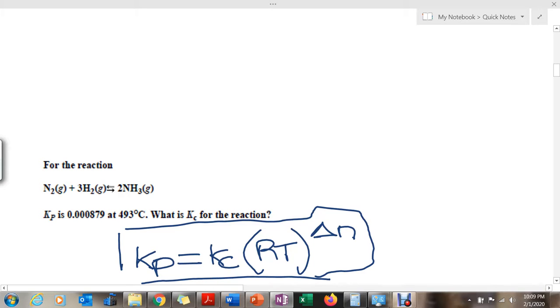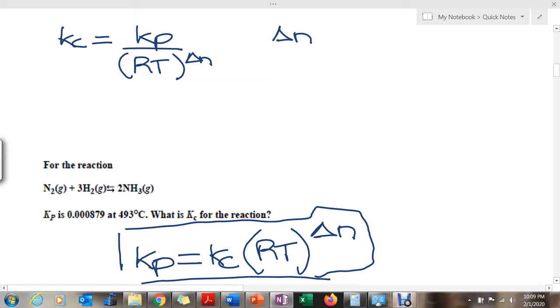But let's go ahead and plug in the values. They're asking for the Kc, so Kc equals Kp divided by RT, to the delta n. Let's first calculate delta n.